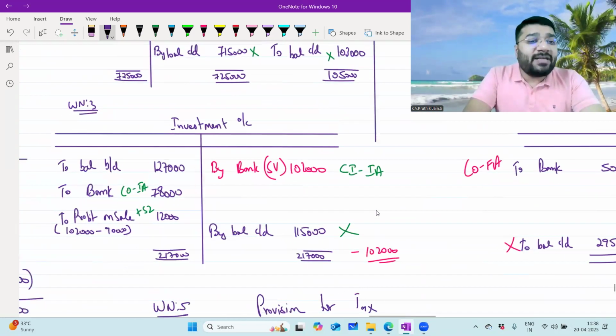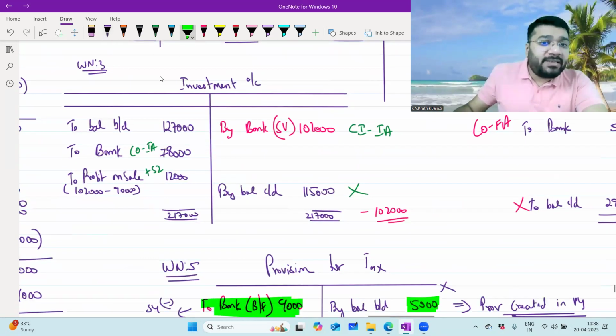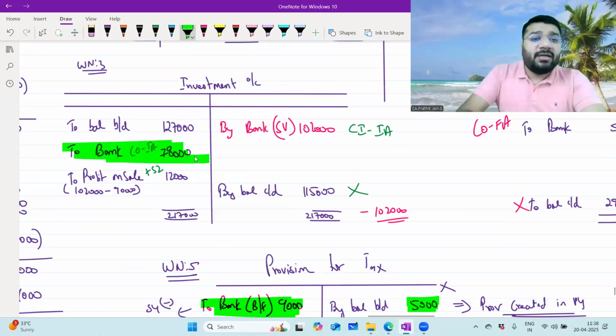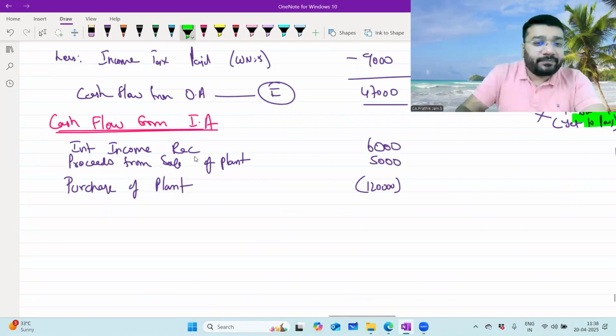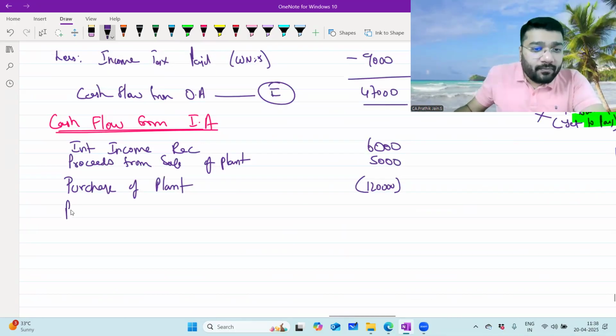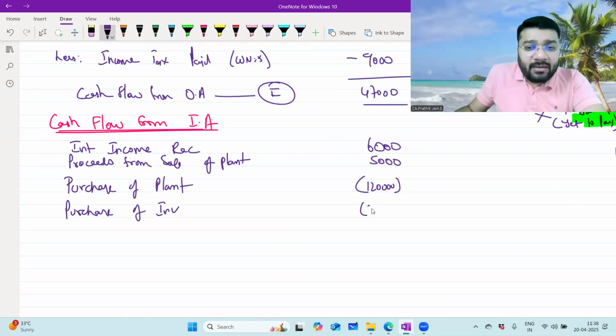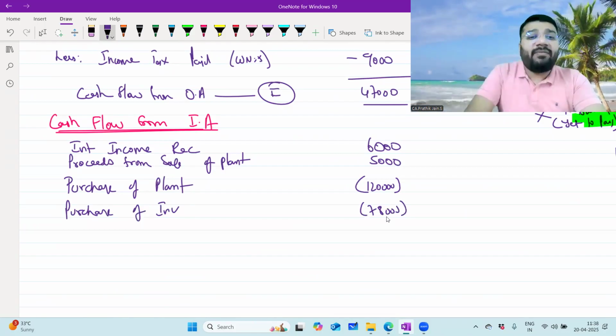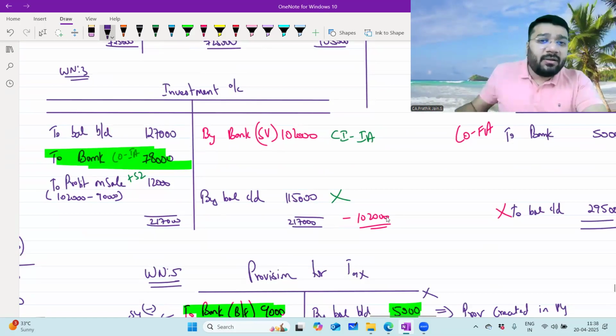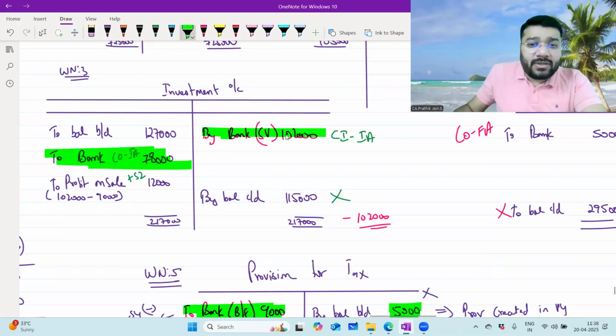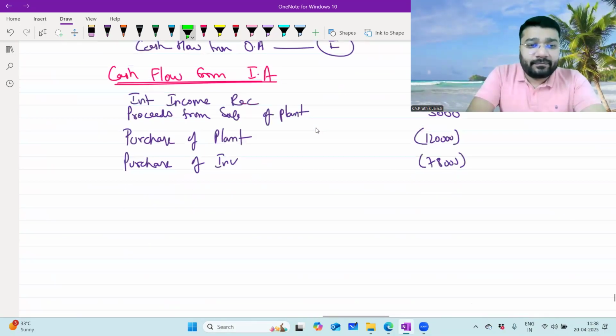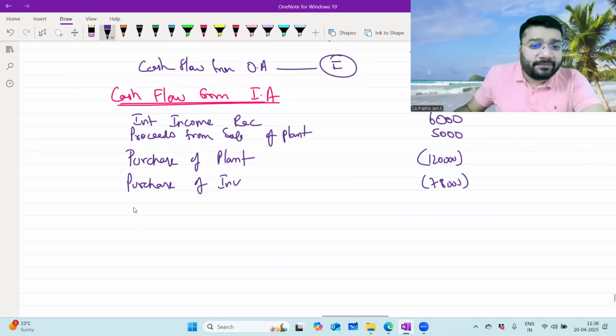No. In investment account? Yes. Purchase of investment, how much? 78,000, in bracket. Sale of investment also is there. How much is it? By bank, 1,02,000. Proceeds from sale of investment.